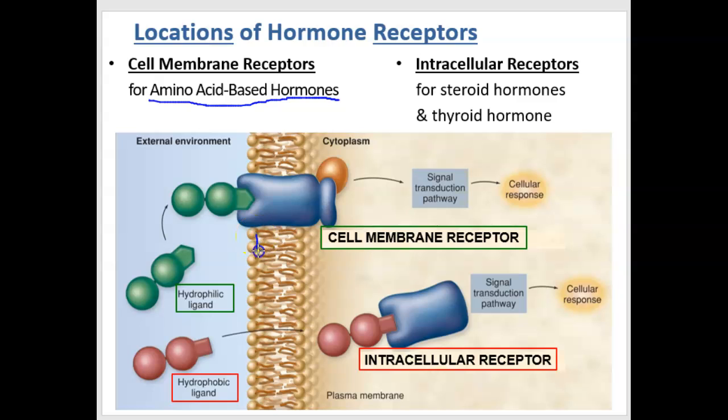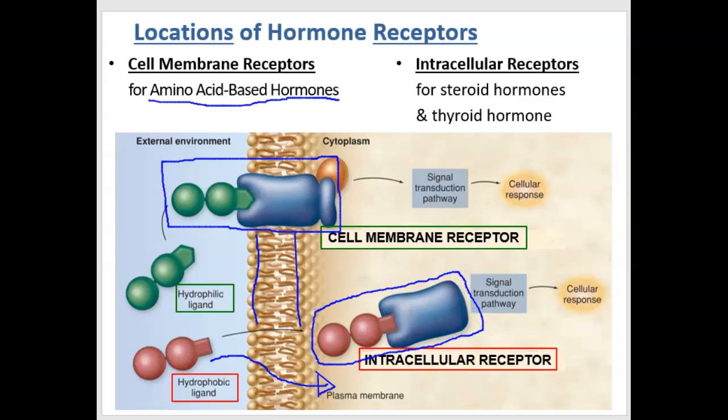That means, though, that they cannot get across the cell membrane. So they will have to use a cell membrane receptor on the target cell. However, steroid hormones can slip through a lipid bilayer, a phospholipid bilayer, I guess, and therefore reach intracellular receptors.